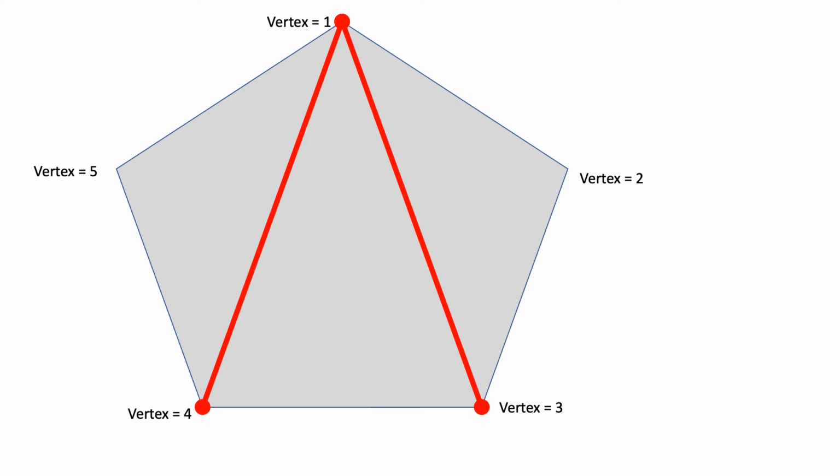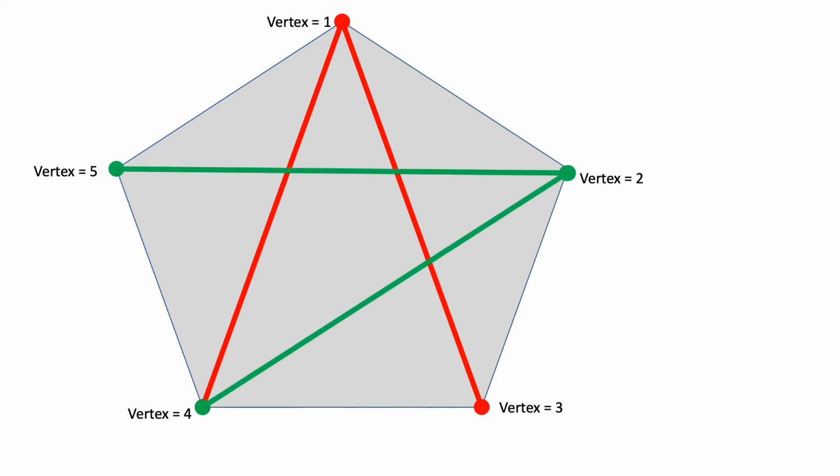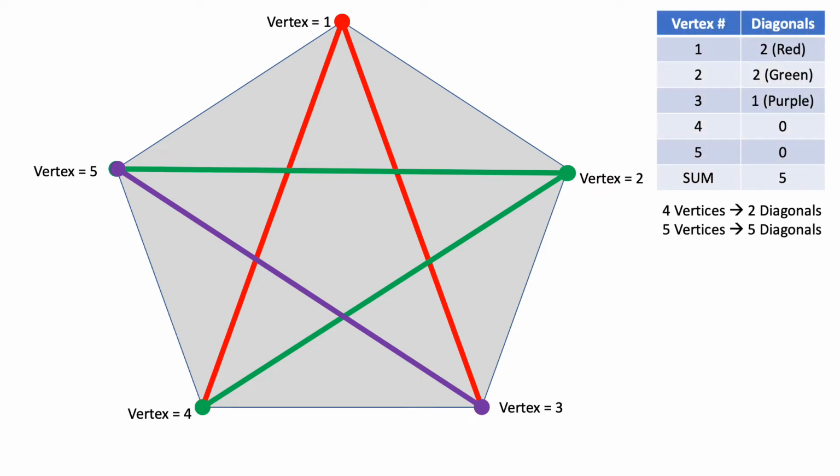Similarly, there are 2 green diagonals from vertex 2, and then vertex 3 has 1 purple and an already accounted red diagonal. Vertex 4 and vertex 5 have no new diagonals which are not accounted. Thus, the total diagonals in a pentagon are 5.